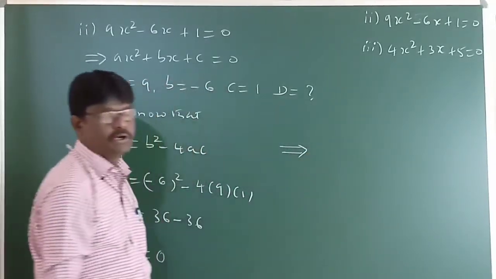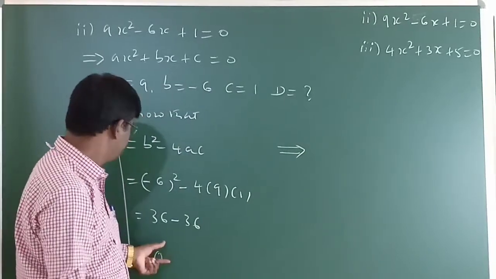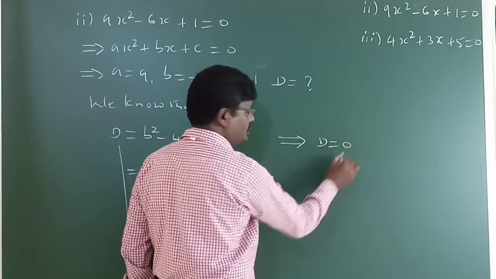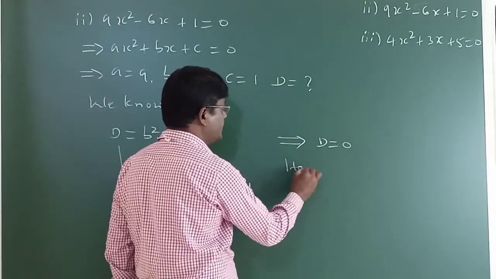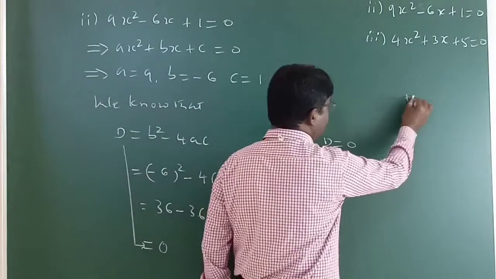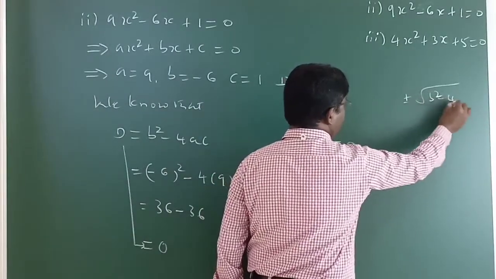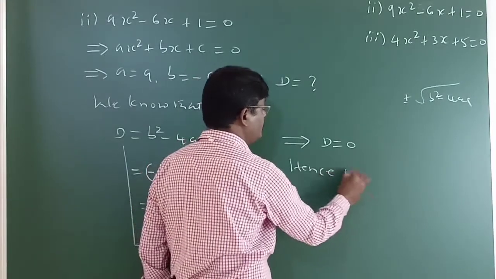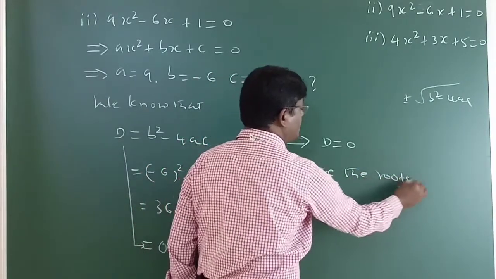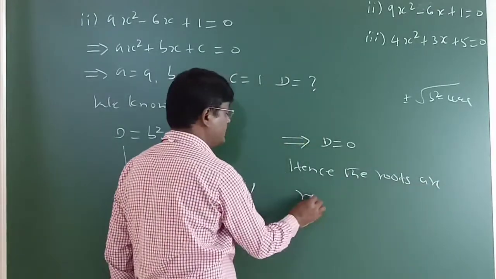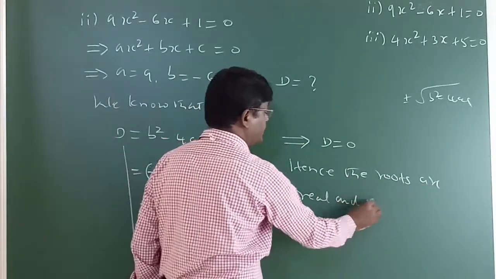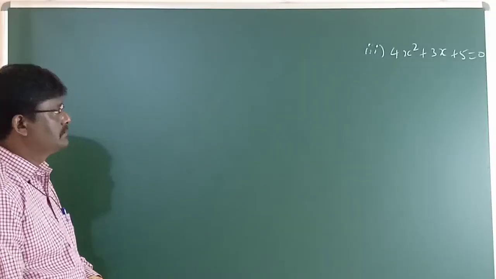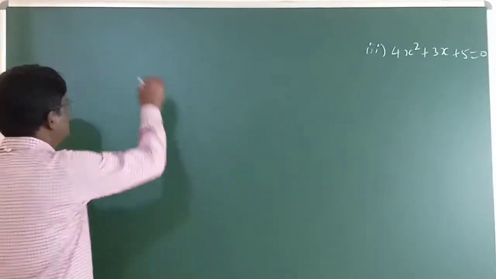Hence, children, out of those three conditions, this is equal to which one? When the discriminant b square minus 4ac becomes 0, what? The roots are real and equal. Okay, real and equal. Let us consider one more sum.